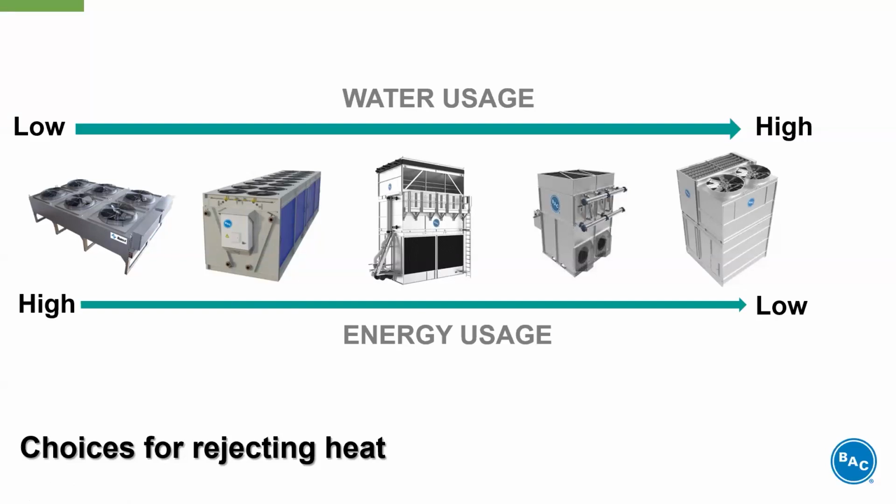What's special about this unit is it includes both a dry fin coil and a wet evaporative coil in series inside the unit. So it can take advantage of both dry cooling and evaporative cooling simultaneously. And then next is a modular hybrid cooler. This unit uses a different type of heat exchanger, but can capitalize on both wet and dry performance.